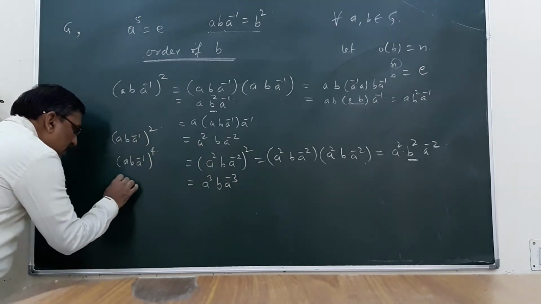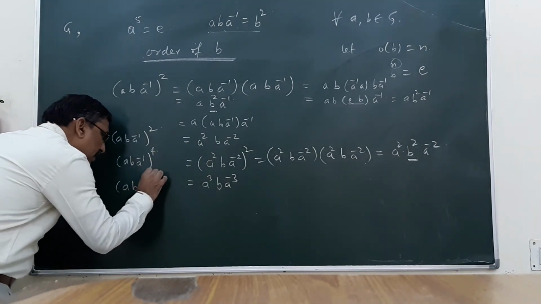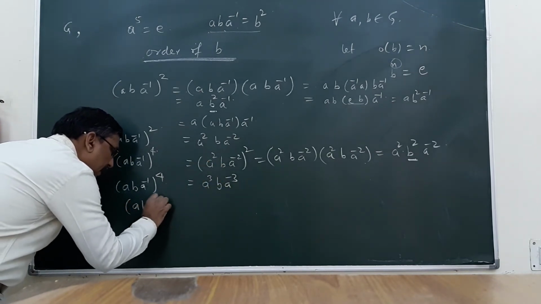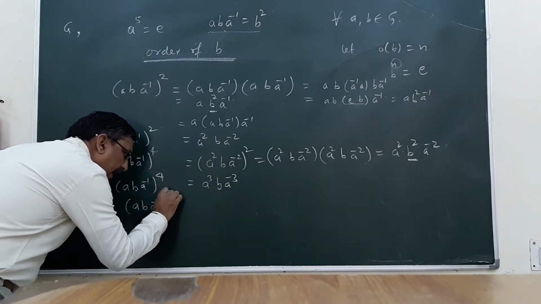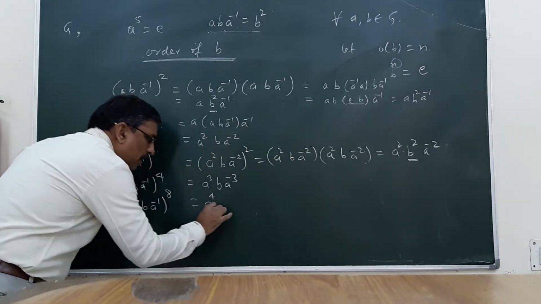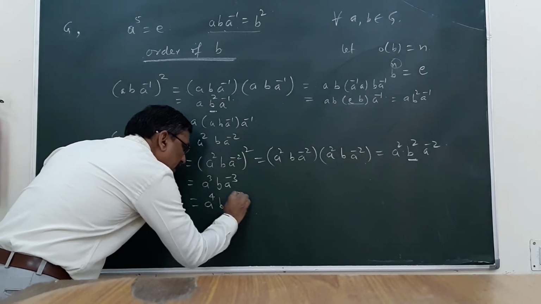So again squaring this will give us a raised to the power 4 b a raised to the power minus 4.